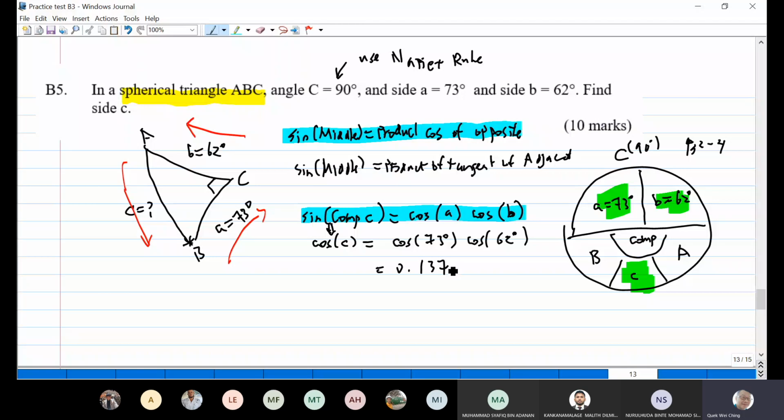So your C is the cosine inverse of 0.13726, and you can find that it is 82.11. So this is how you find side C using Napier's rule.